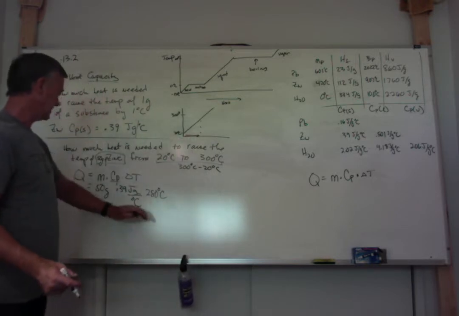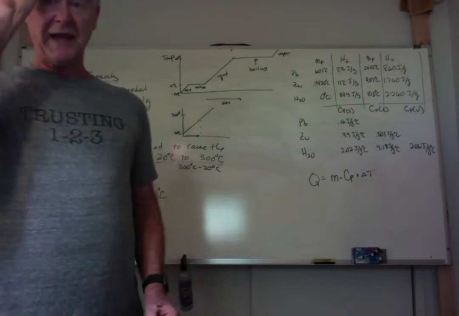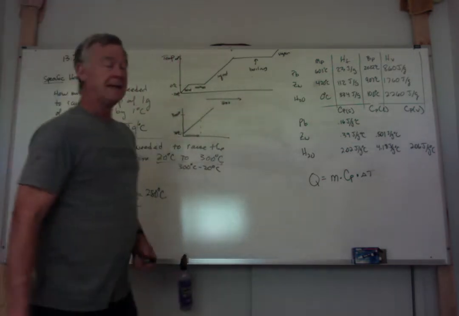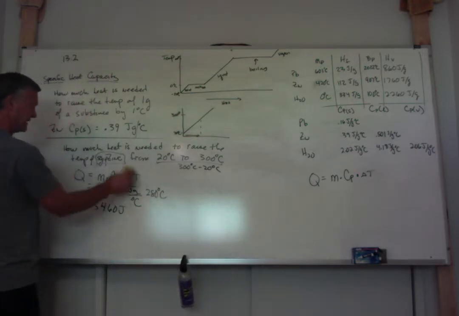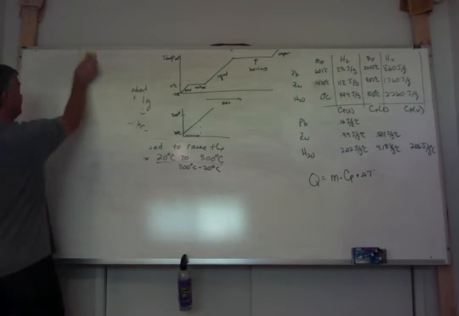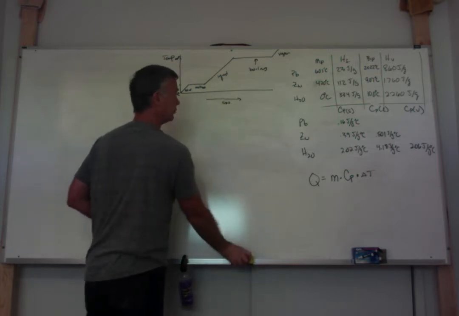Well, it's this much, 5,460 joules. So that is the first part of this. Now we're going to put the two ideas together, but that is specific heat capacity and how you would do a problem. So let me show you a slightly more complicated problem.